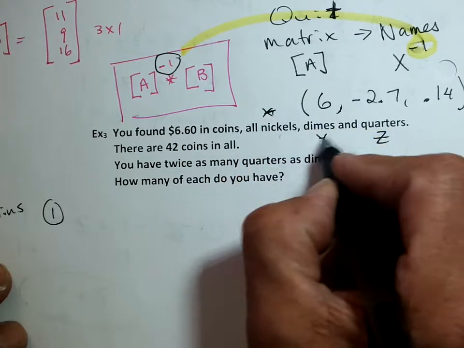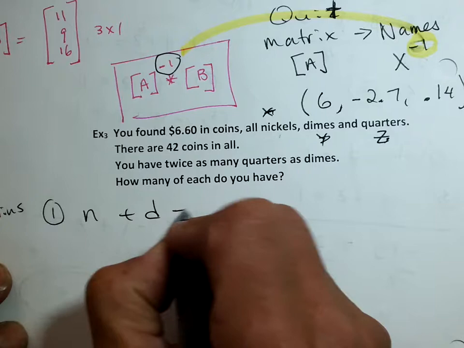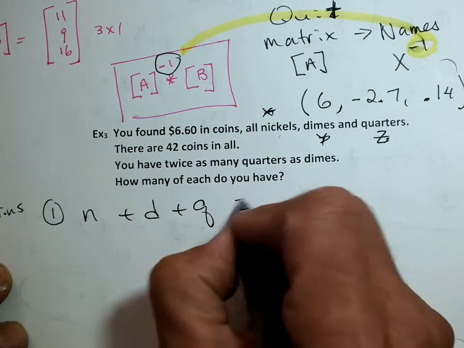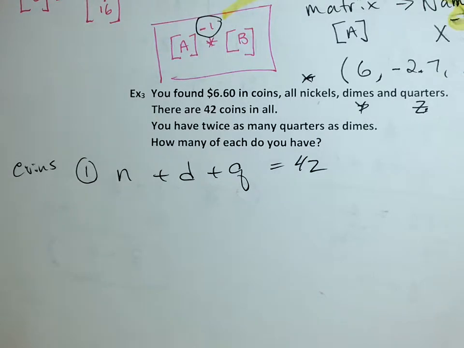It's easier. Let's just use N plus D plus Q equals 42. Does that equation make sense? Number nickels, number dimes, number quarters makes 42. Okay? Let's just make it easy. N, D, and Q. Nickels, dimes, quarters, right?